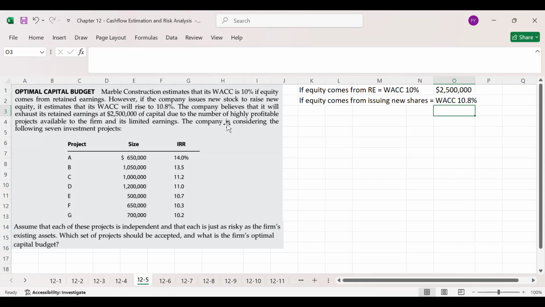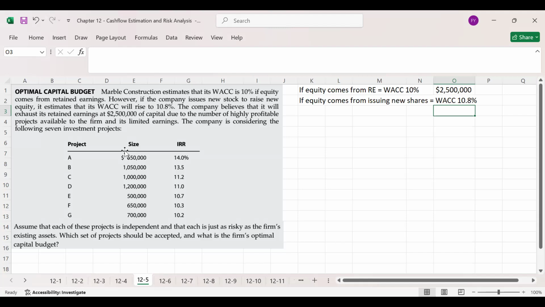So the company is considering the following seven investment projects. These are the seven projects, and these are already in descending order, showing the highest internal rate of return first, and then the rest of them in declining order.